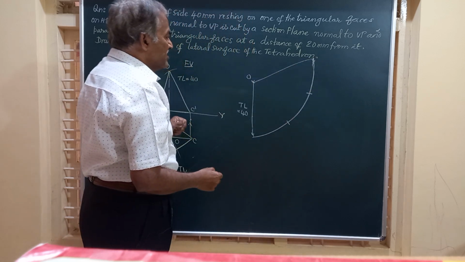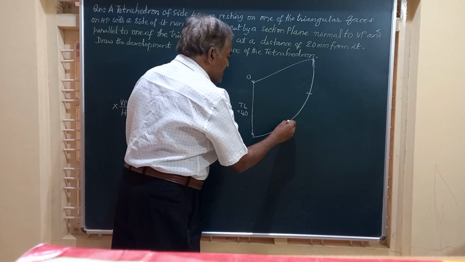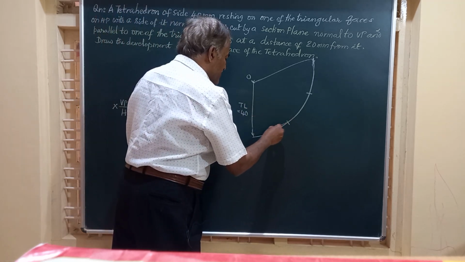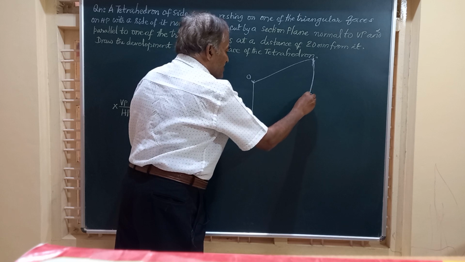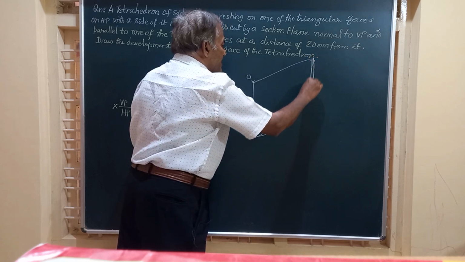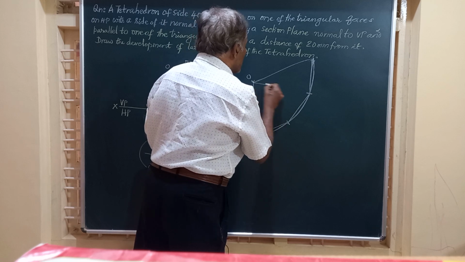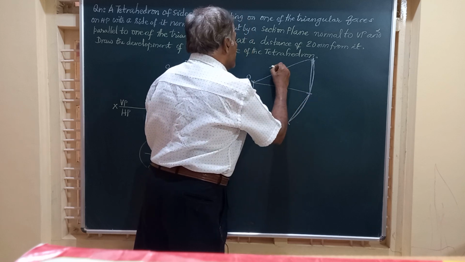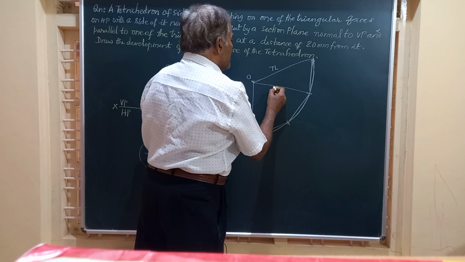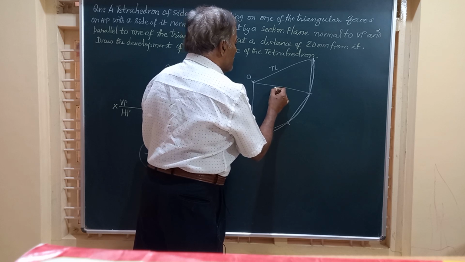And friends, all these base edges are straight. So I am going to join them by a straight line, a straight line and a straight line. And also these edges which also measure 40. This is true length, this is also true length. All these are true length only.